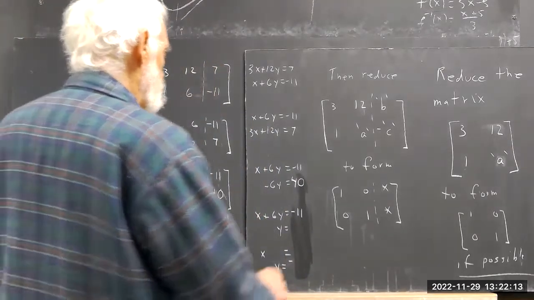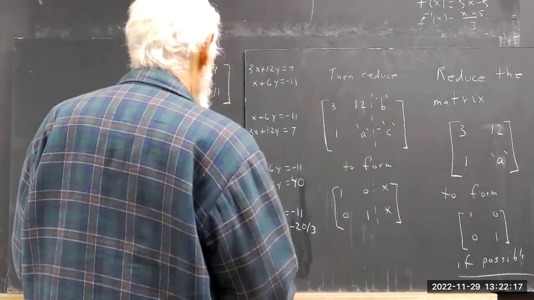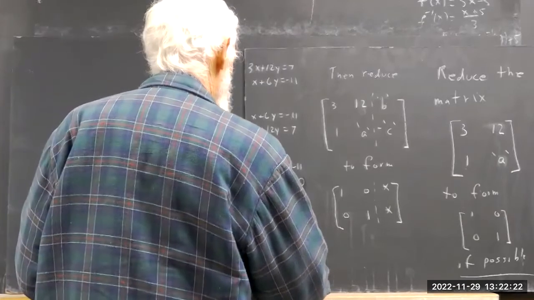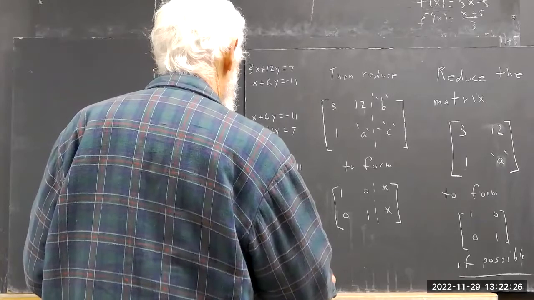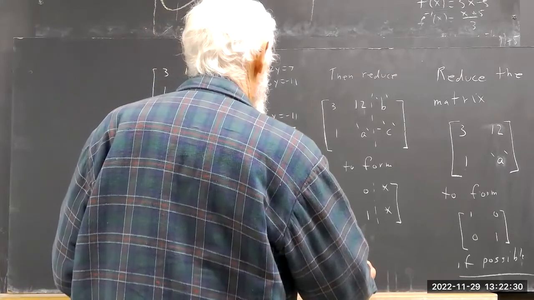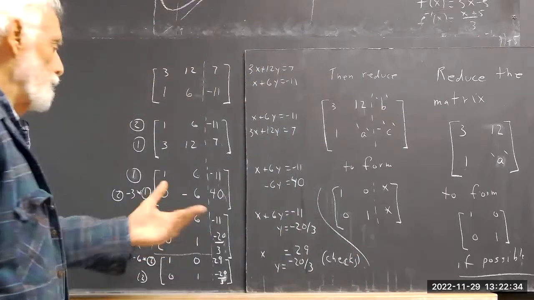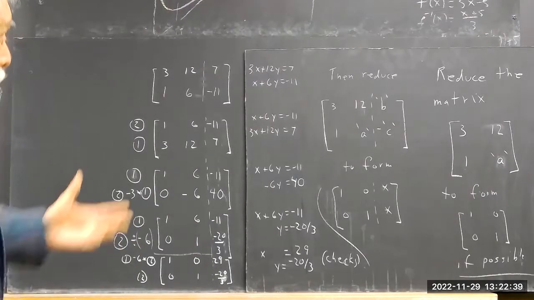This will give me y equals negative 20 over 3. And then this gives me x equals 29. And it checks. Okay, so finally we've got a good solution. Be more careful than I am.